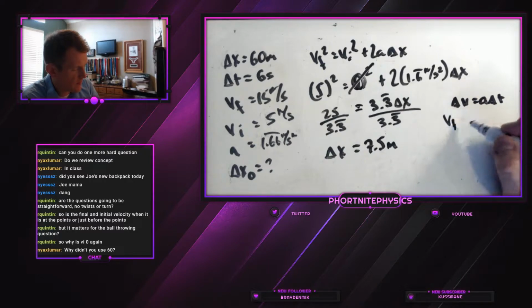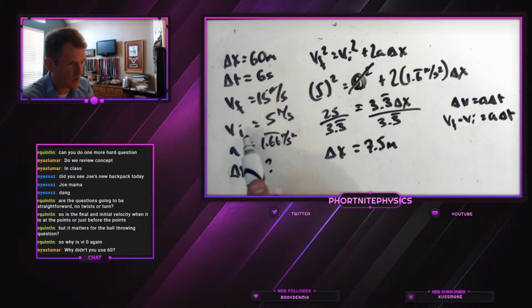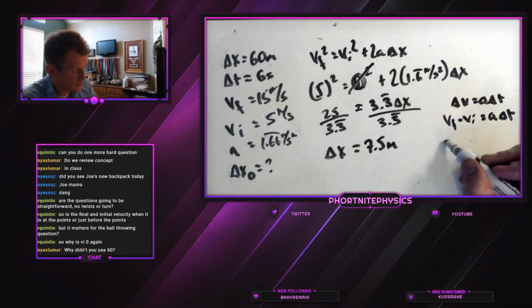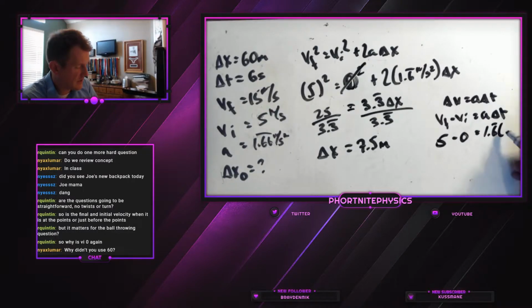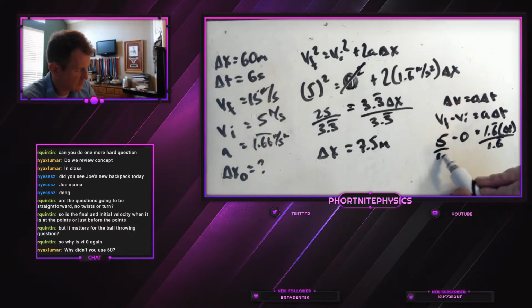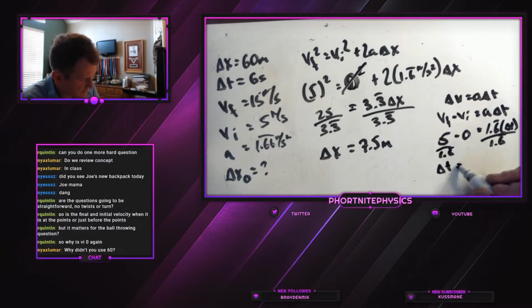So we have VF minus VI equals acceleration times delta T. We know our final velocity as it crosses the first point is 5, and our initial velocity is 0. Our acceleration is 1.6 repeating, multiplied by time. Divide both sides by that 1.6 repeating, and our change in time is 3 seconds.